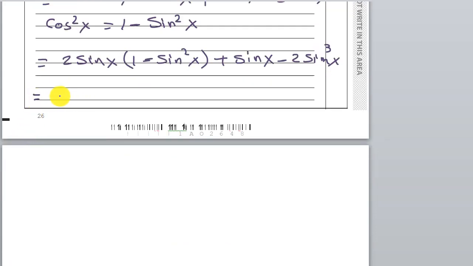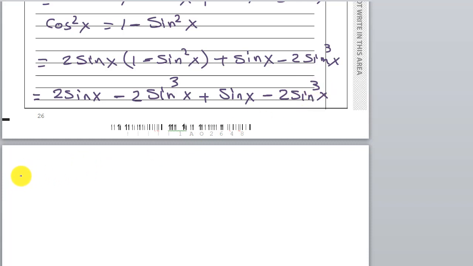So now it's equal to 2 sine x minus 2 sine power 3 x plus sine x minus 2 sine power 3 x.